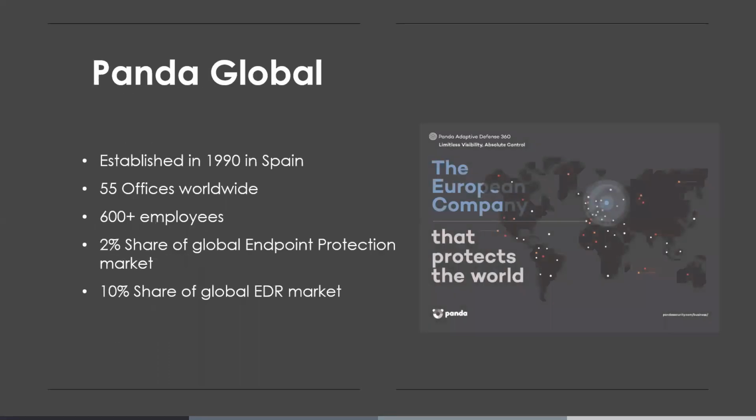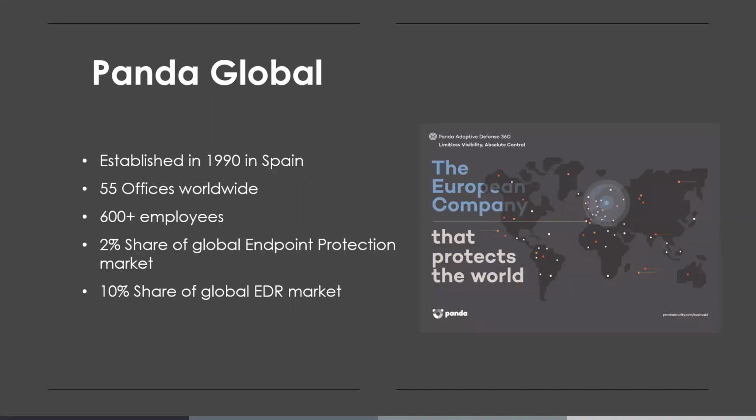So Panda, we're a Spanish-born company, established in 1990. We have a global presence of 55 offices around the world. We were originally started up by a group of friends, actually, in Bilbao, Spain, which is where our head office is located, and which is where the name of the company originated.